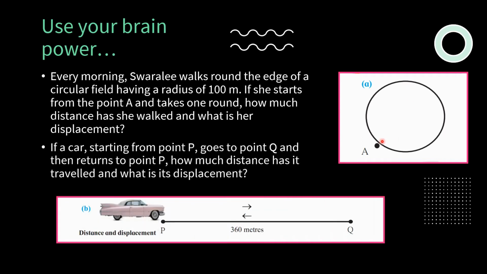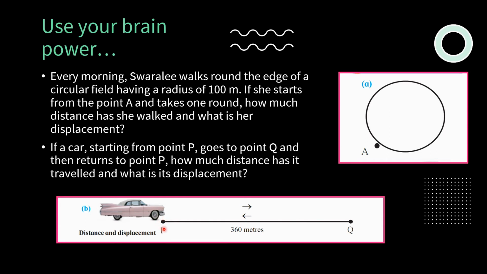Next, we have a car here. The car is starting from point P, goes to point Q, which is about 360 meters apart, and then returns to point P. And here, what is the distance and what is its displacement?